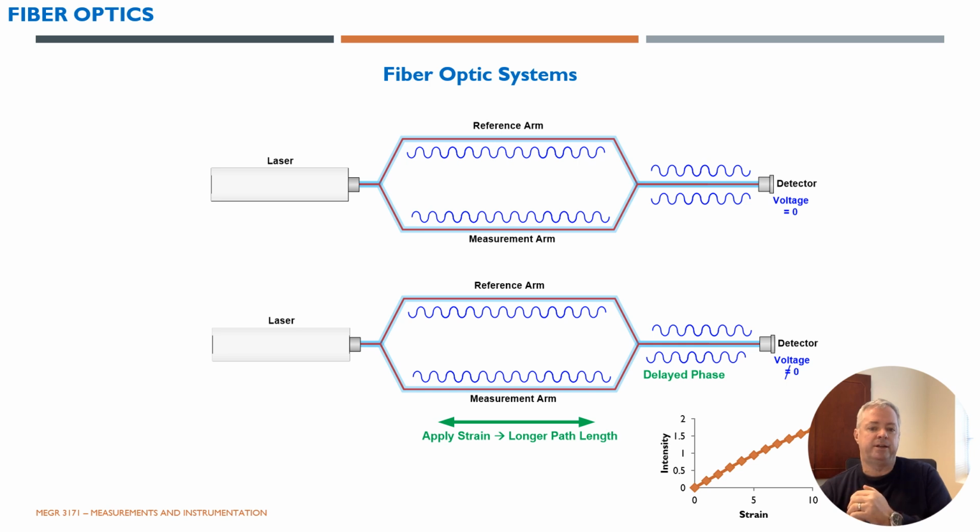Now, if you apply a strain to one of the legs, the measurement leg, you'll get a phase shift, and that phase shift can be measured, detected, and calibrated into a strain measurement. So it's another very simple tool using fiber optics.